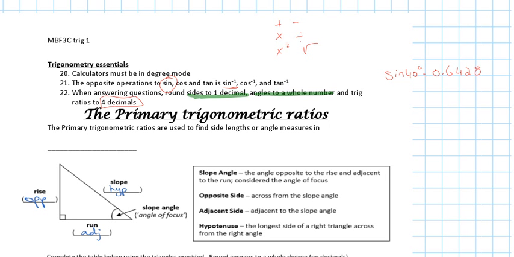And trig ratios, you should leave them to 4 decimal places, okay? So whenever you do sine of an angle, or cosine of an angle, or tan of an angle, you should leave your answer to 4 decimal places, okay? Side length 1 decimal, angle to the nearest degree, trig ratios to 4 decimals.